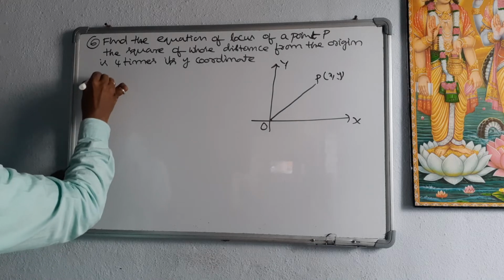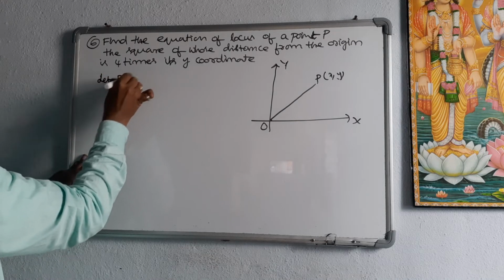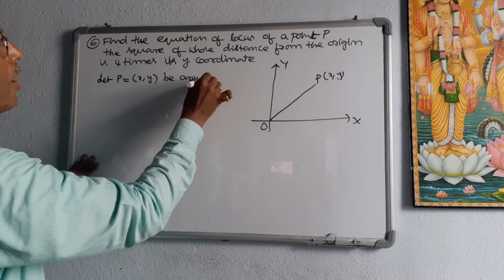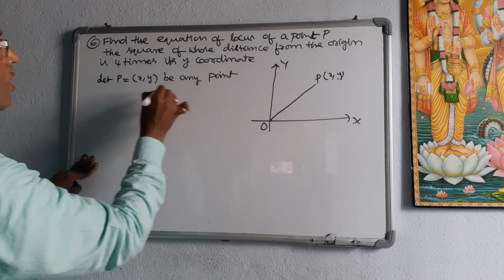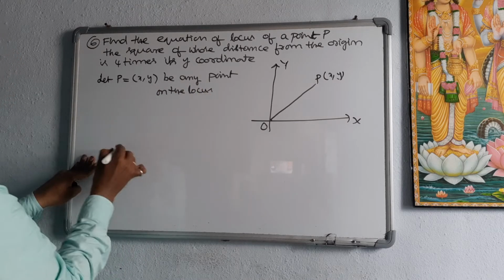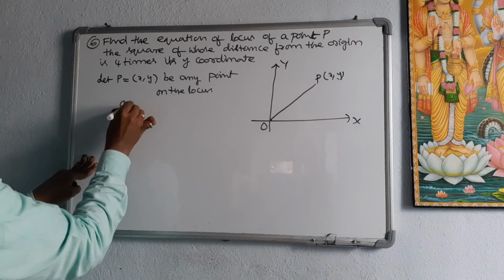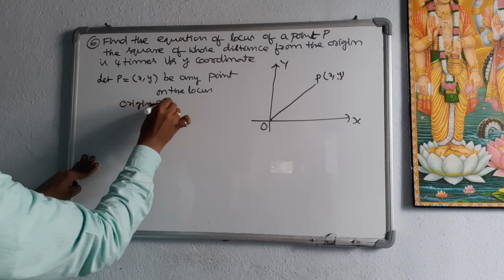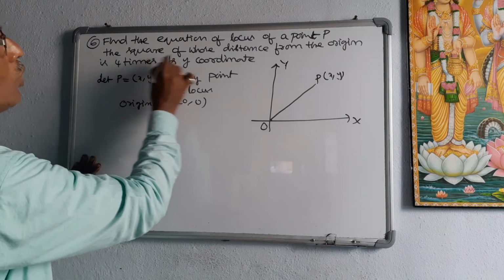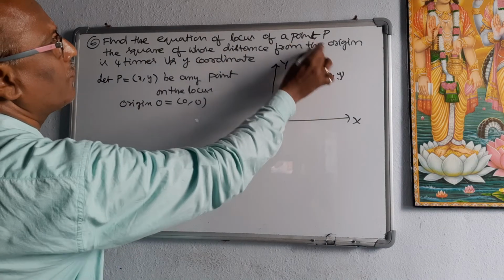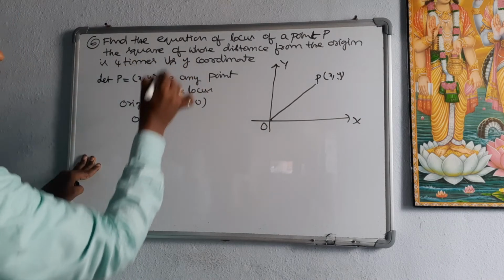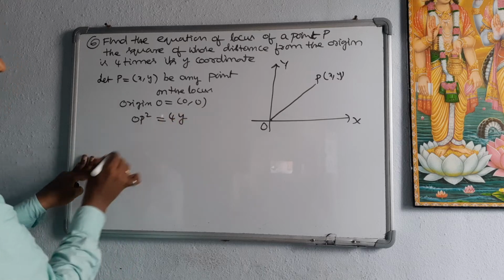Here let P x comma y be any point on the locus. Origin is given. Origin O equal to 0 comma 0. Here the given condition, square of the distance of P from origin, OP square, is equal to 4 times y coordinate, 4y.